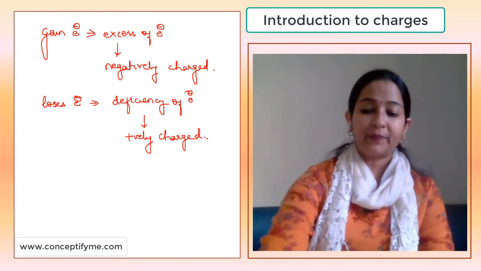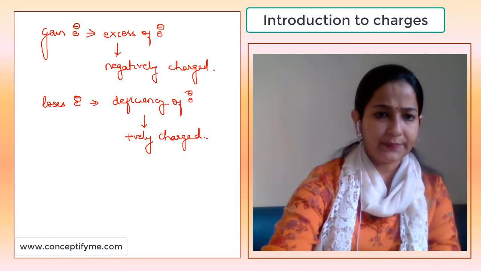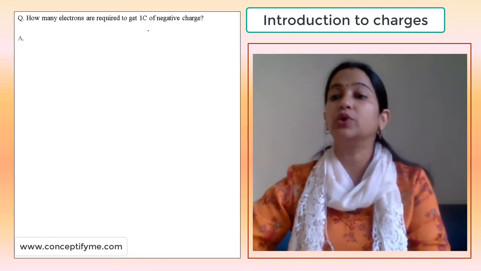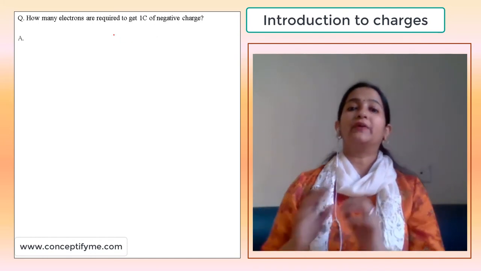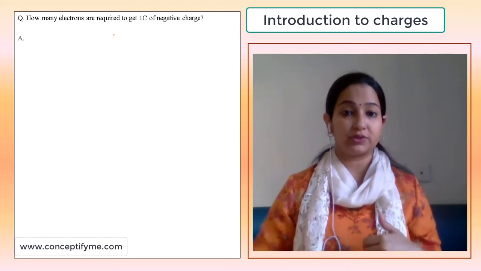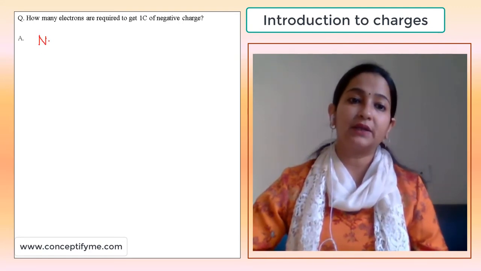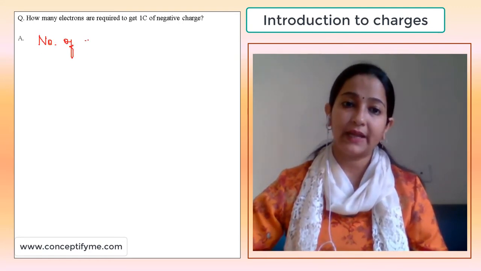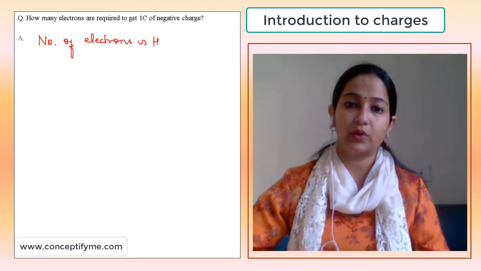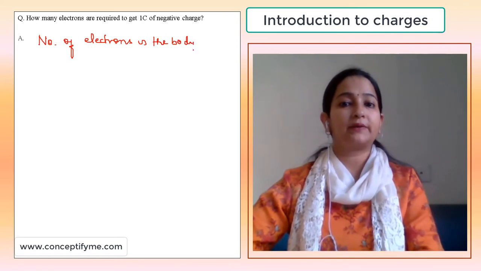Now let us take a simple example. How many electrons are required to get 1 coulomb of negative charge? Now 1 coulomb of negative charge means that this body has an excess of electrons. So let us assume that the number of electrons in the body is equal to n.